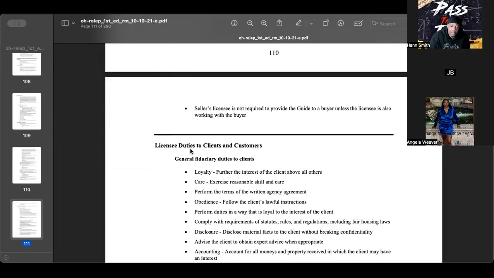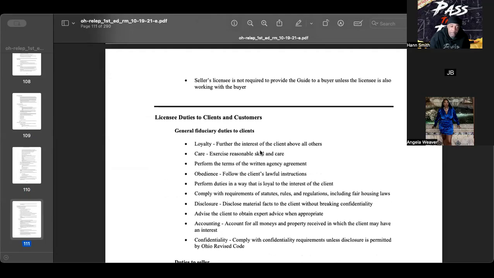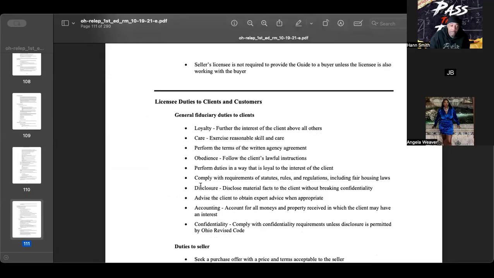And it says license duties to clients and customers. Here's all your fiduciary duties. Loyalty, care, perform the terms of the written agreement, obedience, follow the client's lawful instructions, perform duties in a way that's loyal to the interests of the client, comply with regulations, statutes, rules, comply with the law.